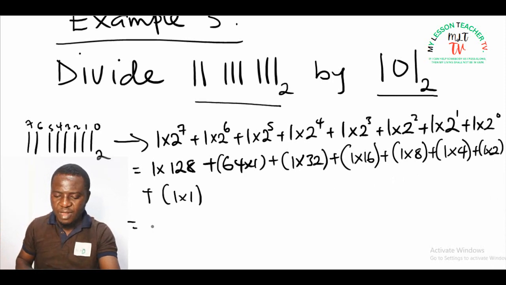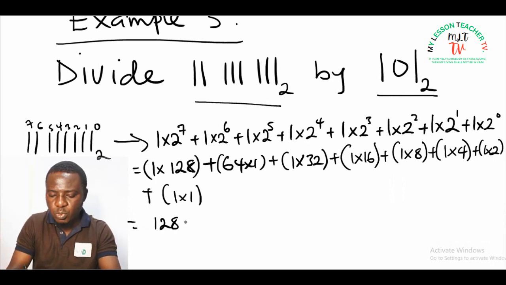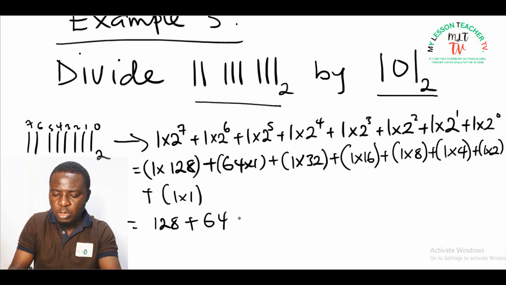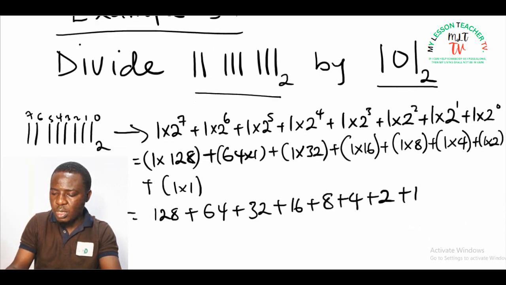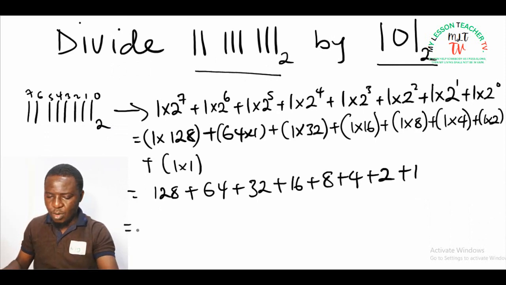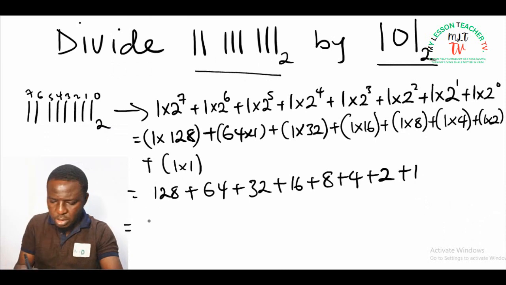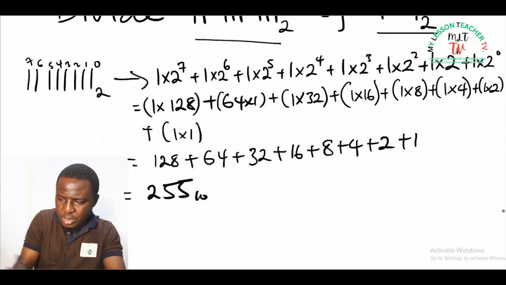So when you simplify further, this is going to give us 128, because 1 times 128 is 128 plus 64 plus 32 plus 16 plus 8 plus 4 plus 2 and plus 1. Let's add them up together. It's equivalent to 255 in base 10.